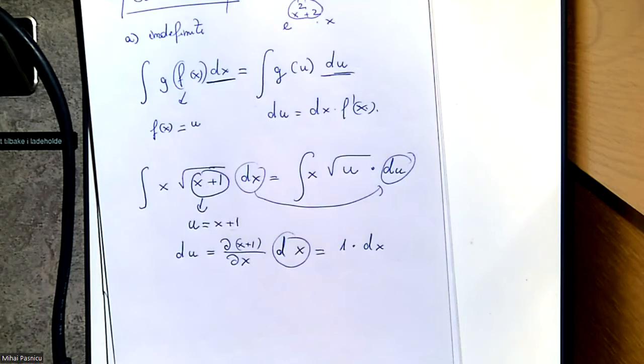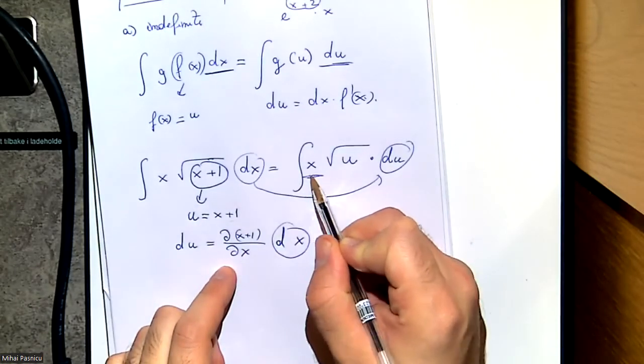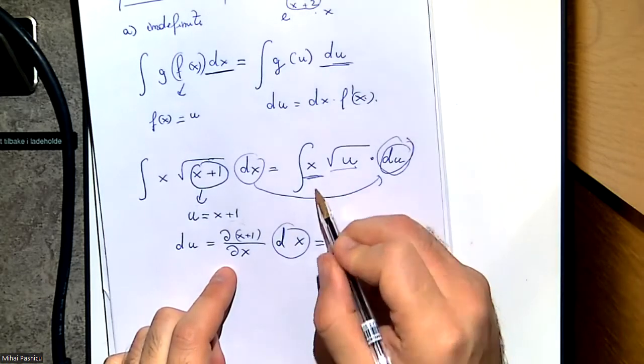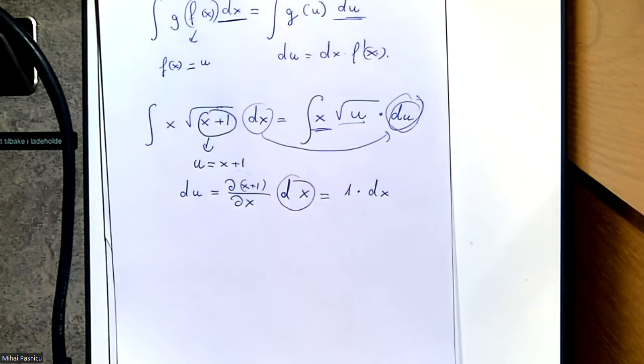No. The problem is right now, and this is the biggest mistake I've seen in substitution, is after you substitute, you can't have both variables in. You can't have x and du. If there's du here, I need to have only u everywhere. Okay? So this, if I leave it like this, is wrong.